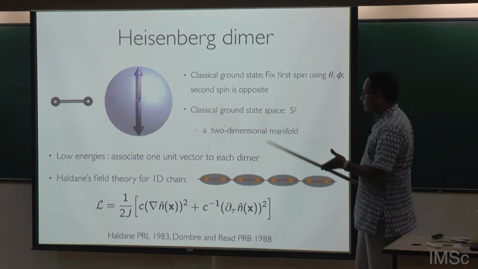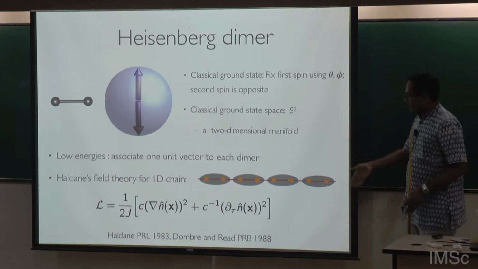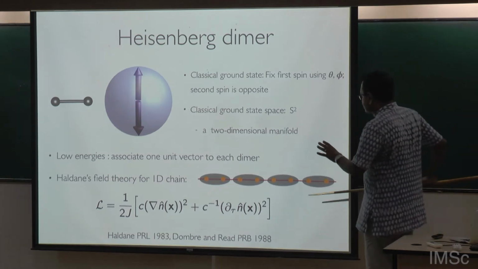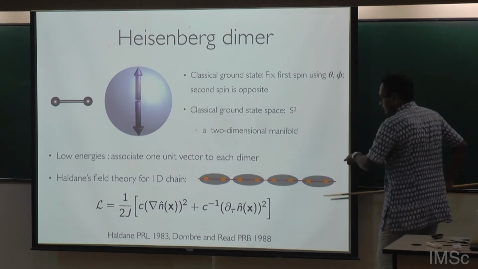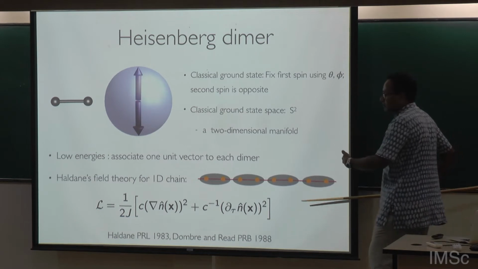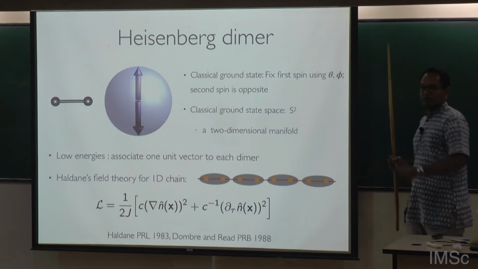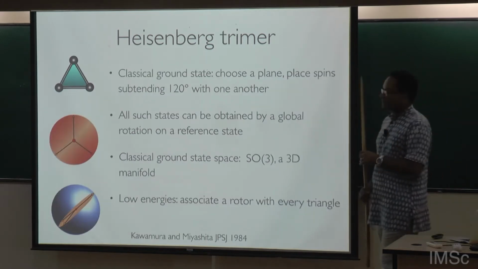And with that, he could build the field theory that describes these one-dimensional antiferromagnets, and which led to many important results later on. Okay. So we are only considering these small clusters in this talk, but this is just to tell you that thinking of small clusters is a good starting point to understand macroscopic magnets. If you want to understand a big magnet, you have to start with the building block. Right? Good.